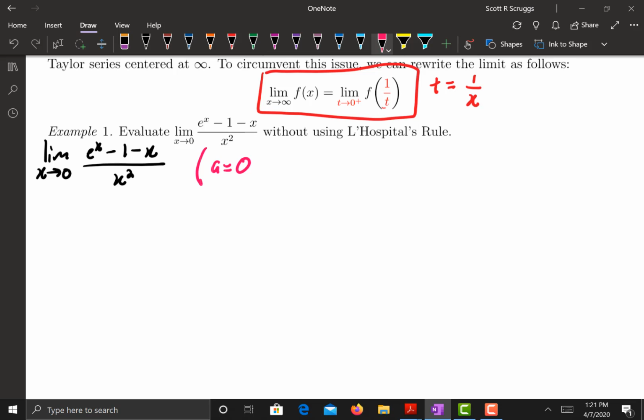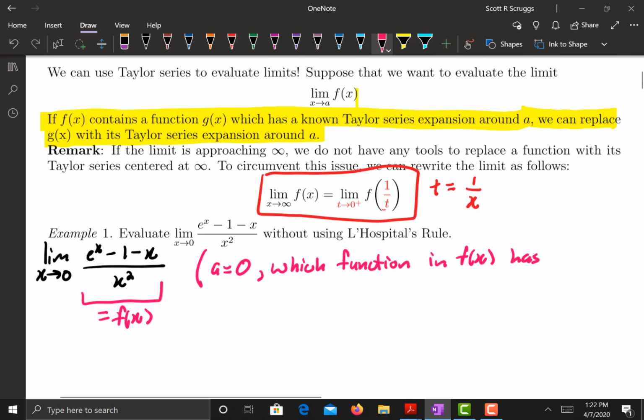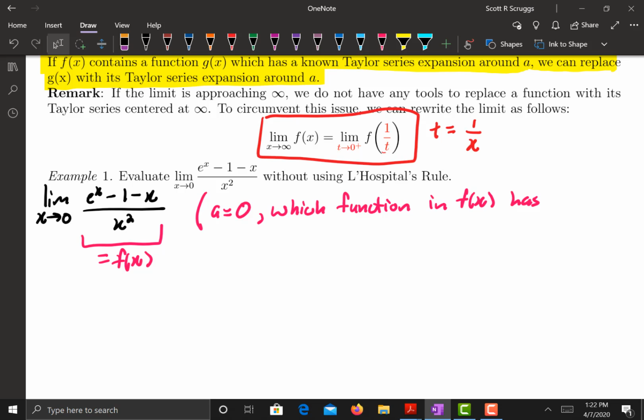So what that means is, out of the functions that I see here, which function in f of x, where in this case f of x is the entire function e to the x minus 1 minus x divided by x squared, has a known Maclaurin series, since I'm doing the limit at 0 and the center of the Taylor series is 0?